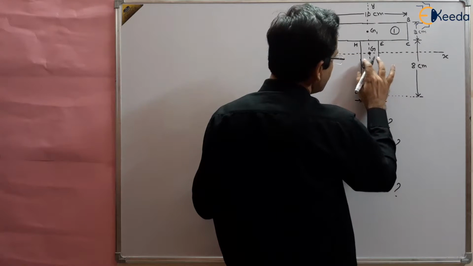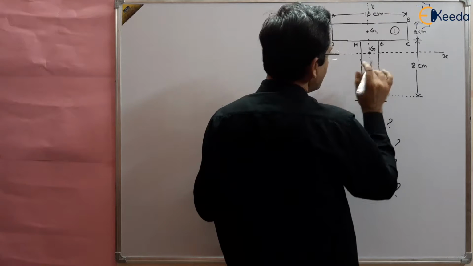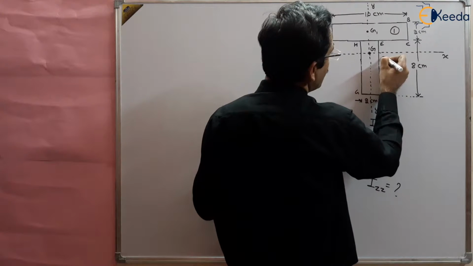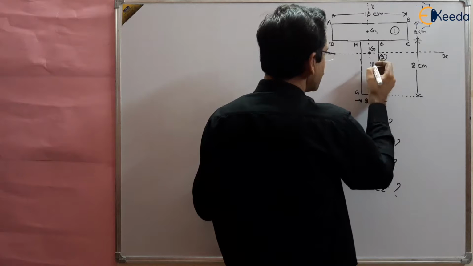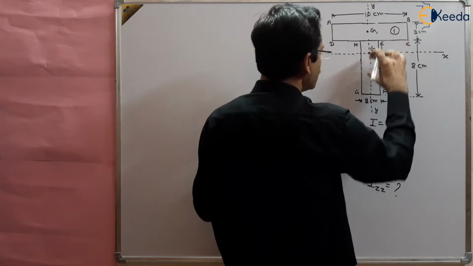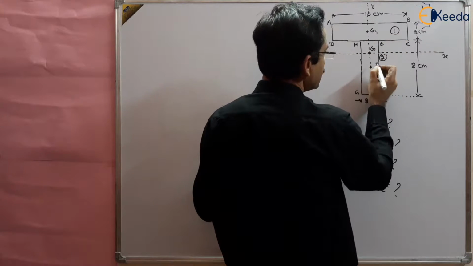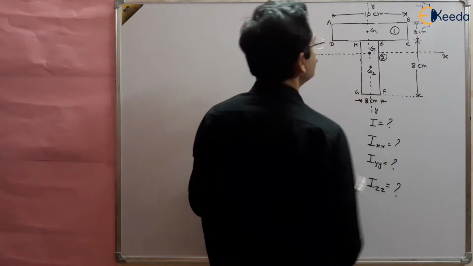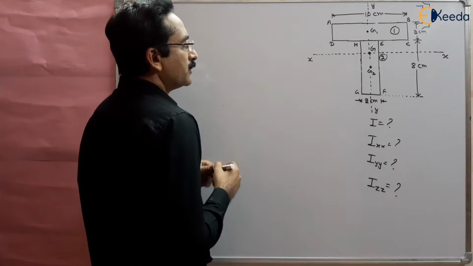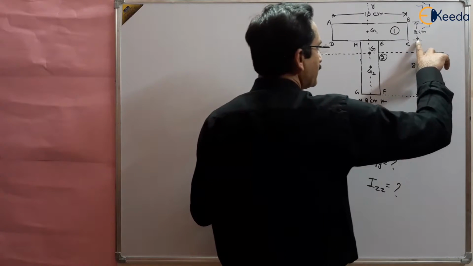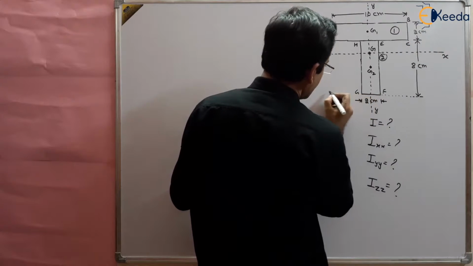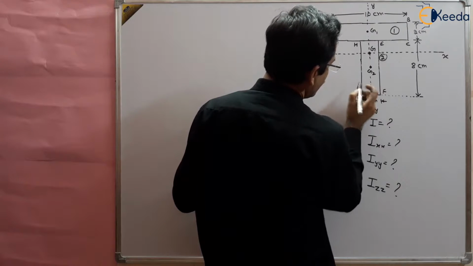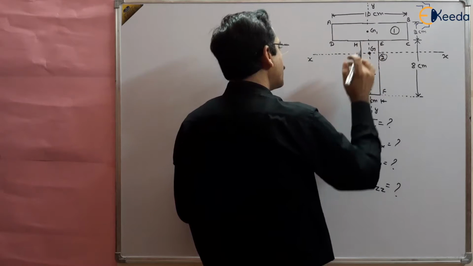This is also having a centroid, somewhat here at the center, like this. This is G2, right? If the total height is 8 centimeter, then take a reference line to find out the centroid.